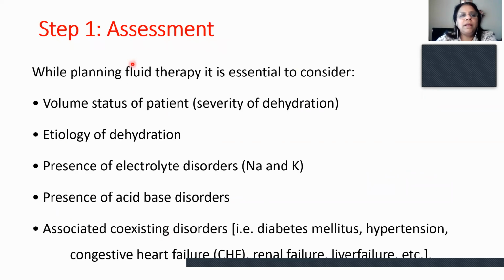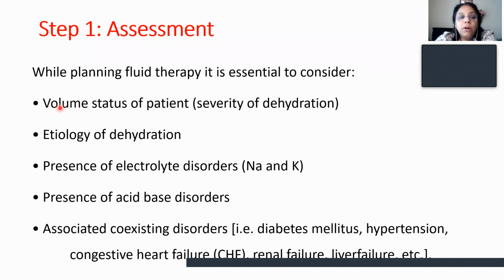Okay. So the first step is the assessment. We need to know how much to give. While planning the fluid therapy, it is essential to consider the volume status of the patient, isn't it? That can be done by assessing the severity of dehydration, and how much fluid the patient needs will come from the status of dehydration, right?